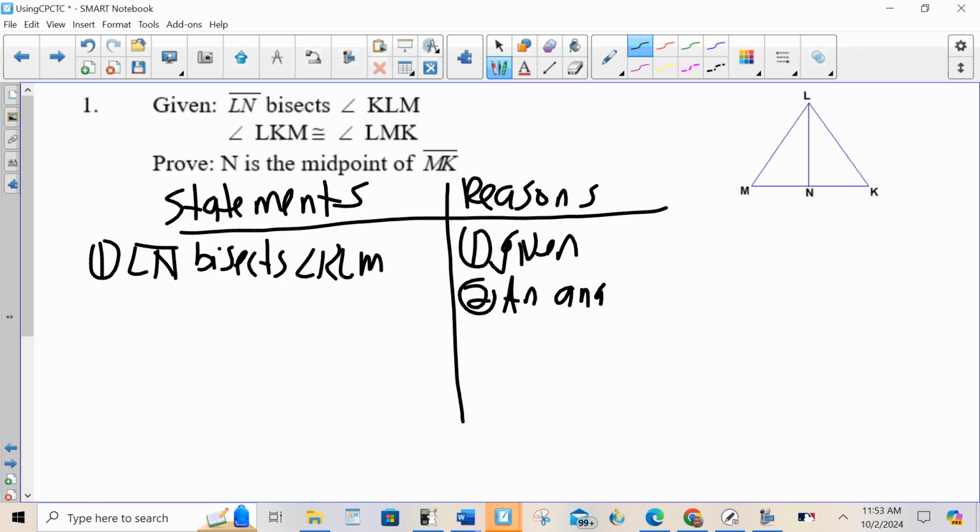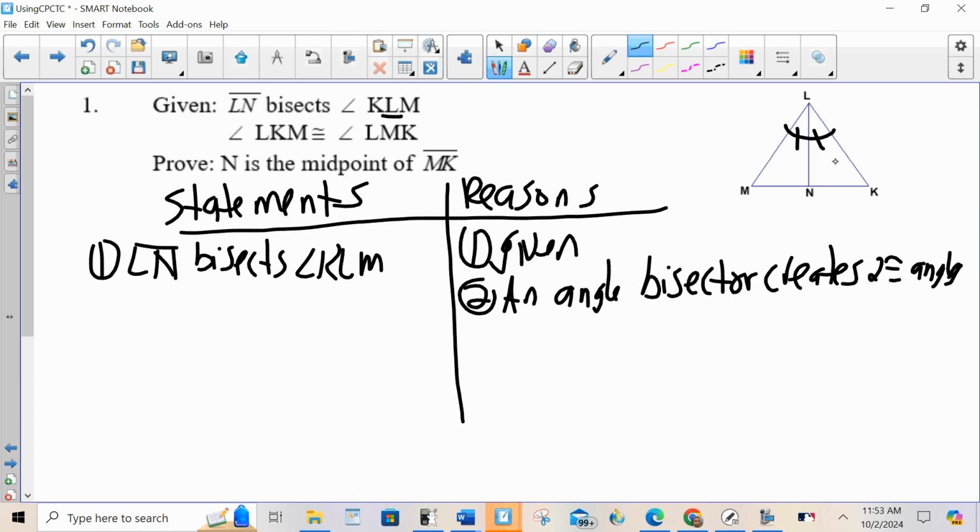An angle bisector creates two congruent angles. L is being bisected. There are my two congruent angles. Angle MLN is congruent to angle KLN.